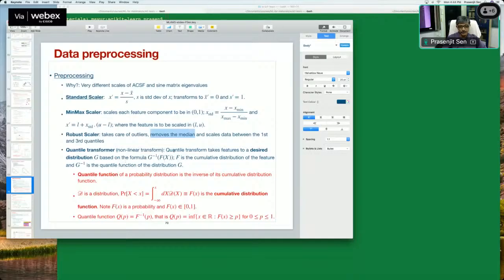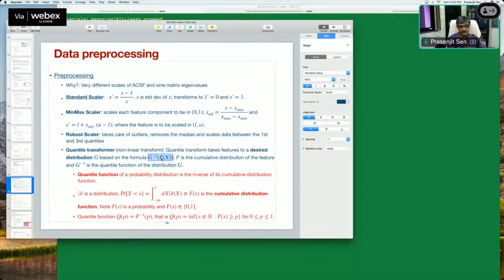So the quantile transform takes the feature to some desired distribution G, which could be your Gaussian distribution, need not be, it could be uniform distribution also. But how does it do it? It is based on this relation.